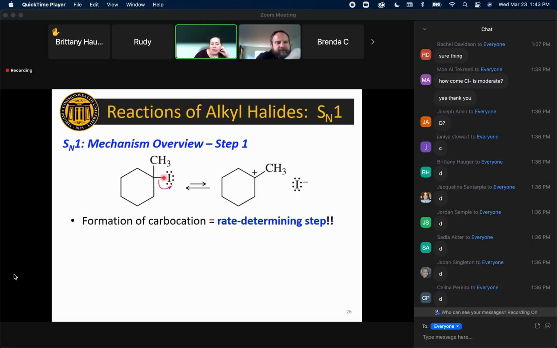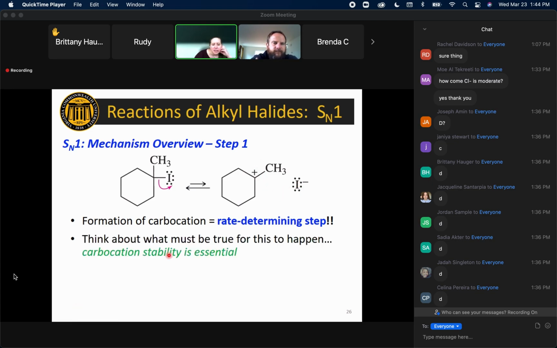The arrows for this reaction show that carbon-halogen bond breaking with the electrons of the bond going with the halogen and leaving behind this carbocation. So a couple of things to note here. In order for this to happen, this carbocation that you're creating must be a more stable kind of carbocation.